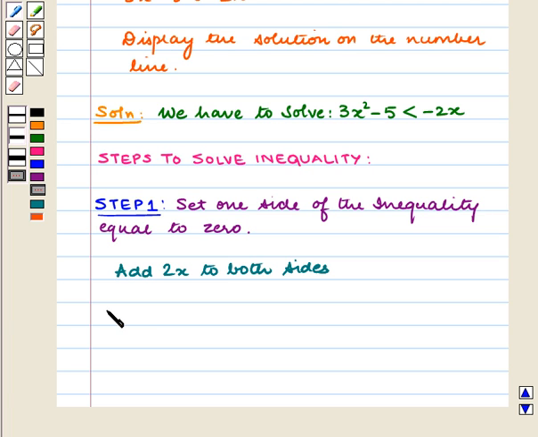We get 3x square minus 5 plus 2x is strictly less than minus 2x plus 2x. This implies 3x square plus 2x minus 5 is strictly less than 0.